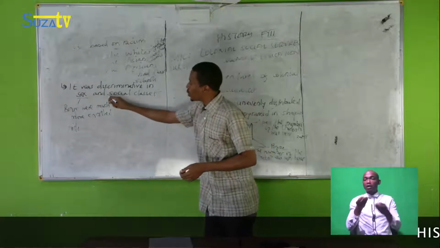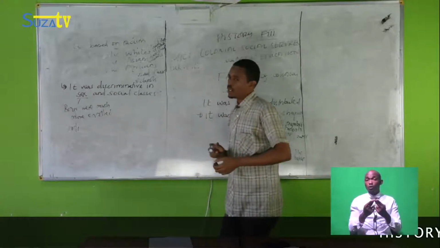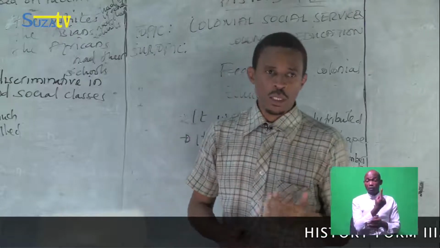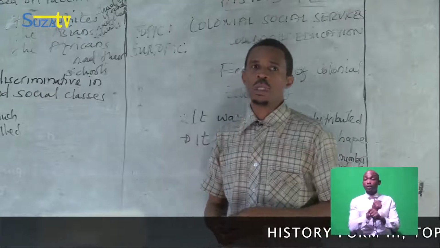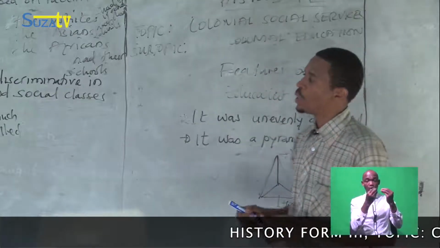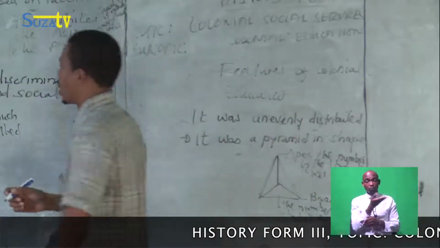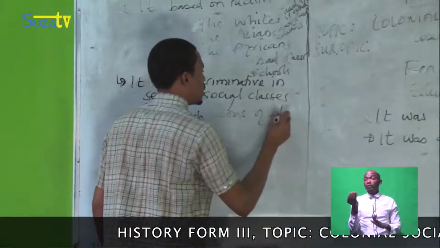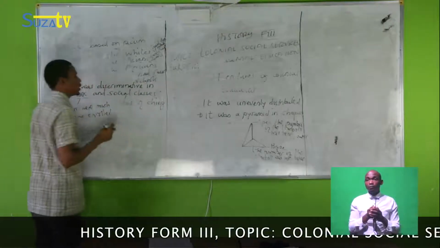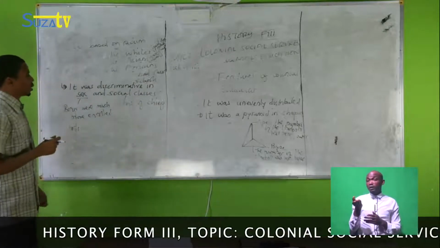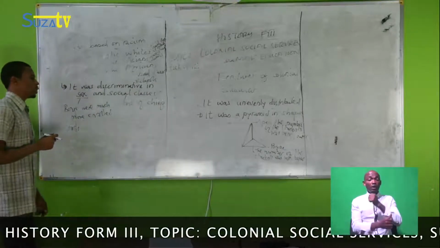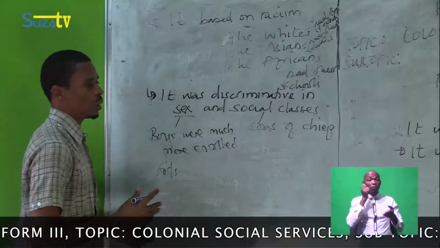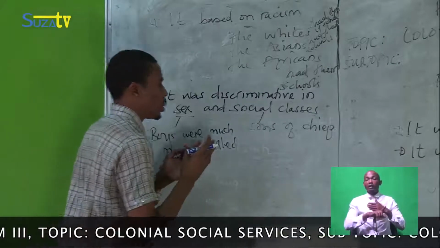Also it was based on social classes. The ones who succeeded to get colonial education based on social classes were the sons of chiefs. These chiefs were the tribal or traditional leaders in Africa. Their sons were given priority in acquiring colonial education.